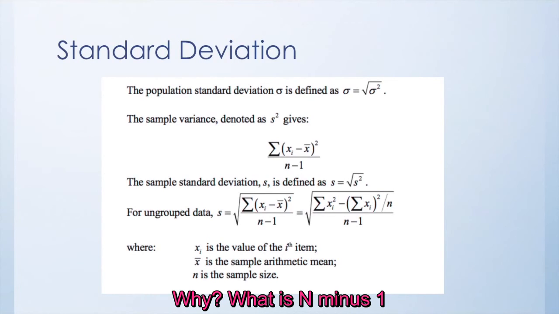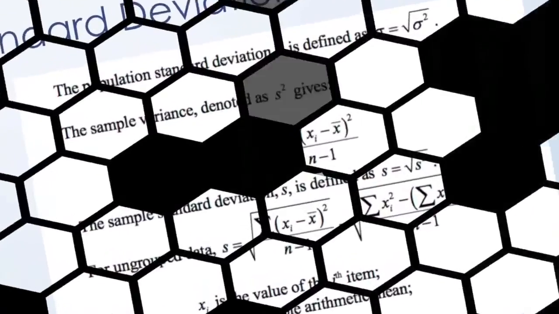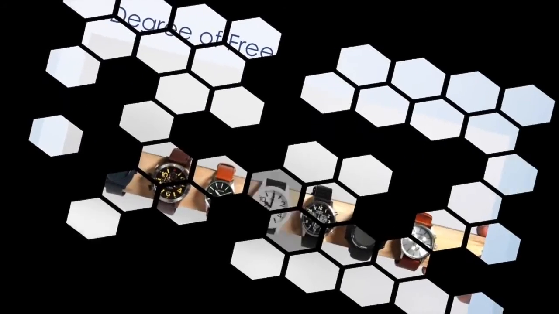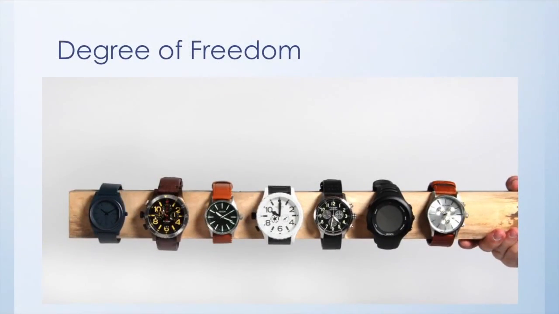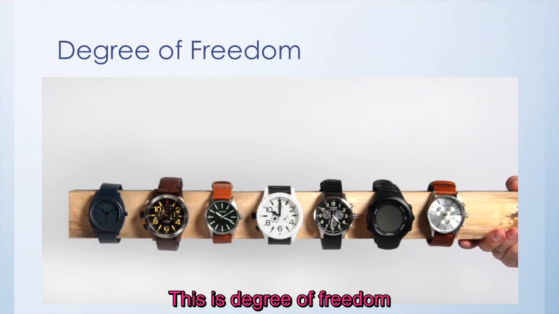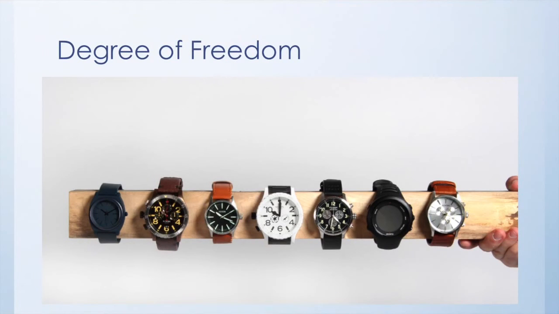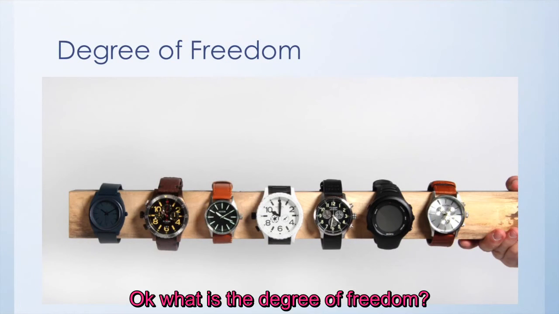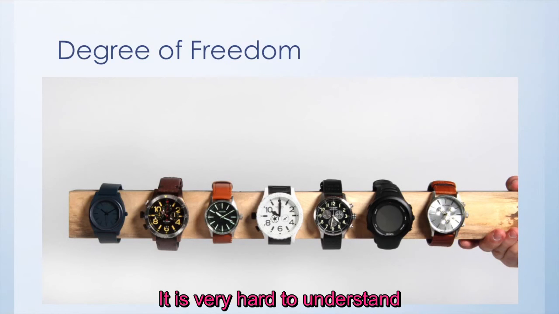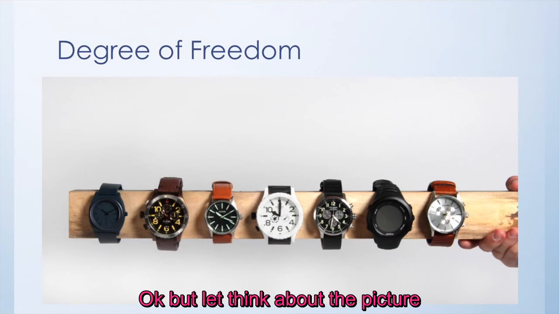What is n minus 1? Why do we have to minus 1? Okay, let's see again. This is the degree of freedom. Okay, what is the degree of freedom? It is very hard to understand. Okay, but let's think about pictures.